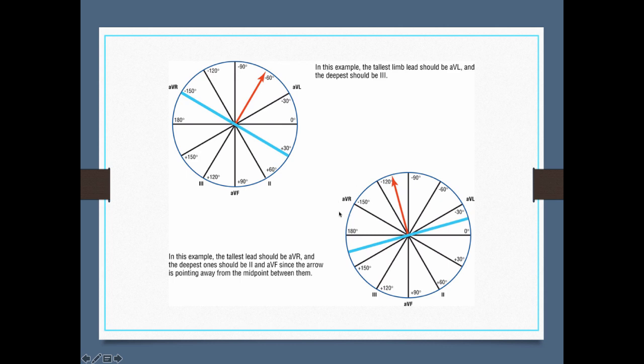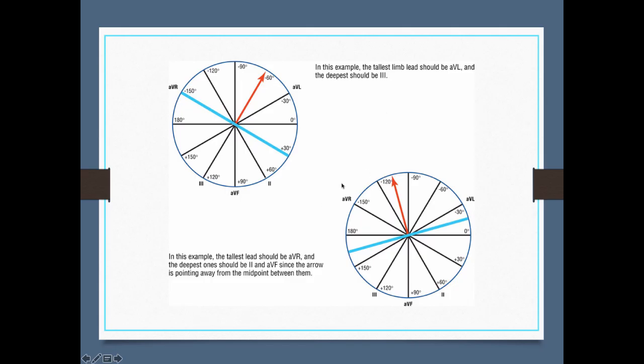AVR is our closest. So AVR should be the tallest. And then if we follow it down, AVF should be super negative, and so should lead 2, because if we follow this down, we would fall in between AVF and lead 2. So lead 2 and AVF should be the deepest.